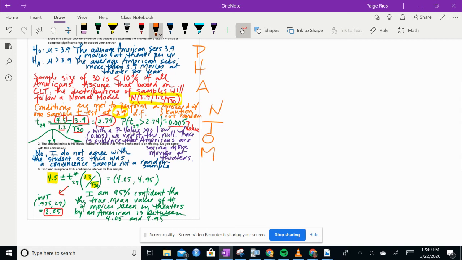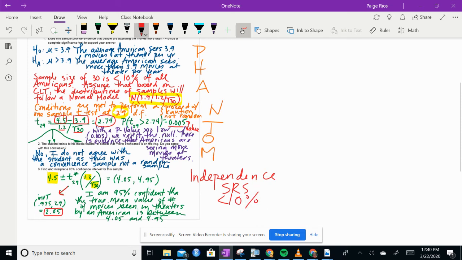But just to point out, when you need assumptions and conditions, if you look on the inside cover of your stats textbook, the back inside cover, you'll notice the page to the left shows all the assumptions that you need for inference, so you can refer to that. Basically, what we need to prove every time we're using a one sample mean is independence, which is proven with a random sample and less than 10% of a population.